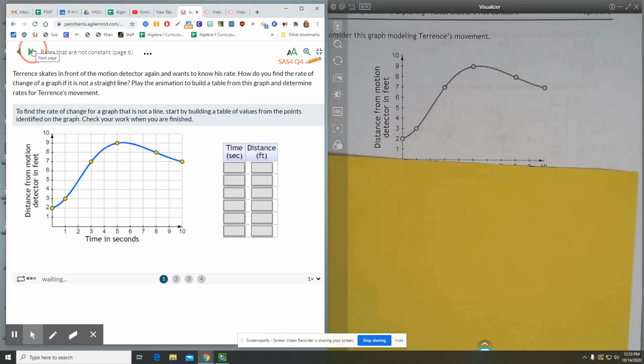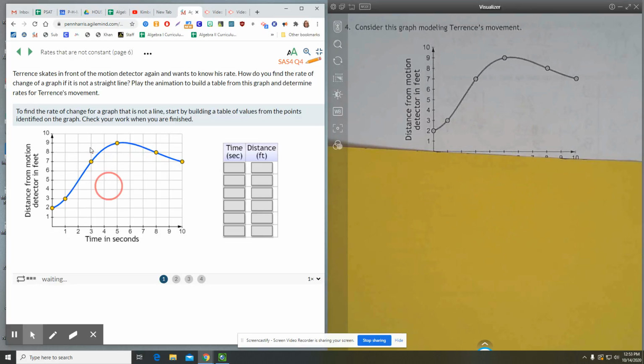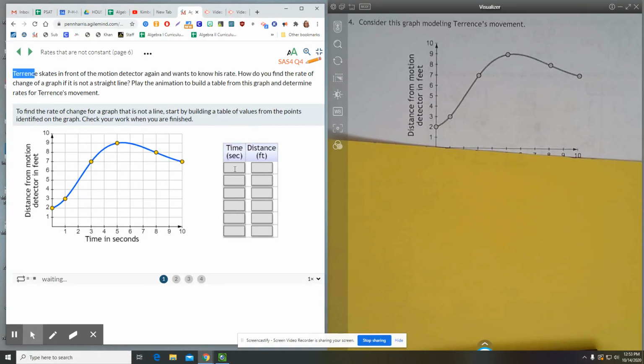Okay, question 4 here. When I look at question 4, we have this graph of Terrence the skateboarder. See, his name is Terrence. Okay, what they want us to do is take note of his time compared to his distance. So at 0 seconds, he is 2 feet.